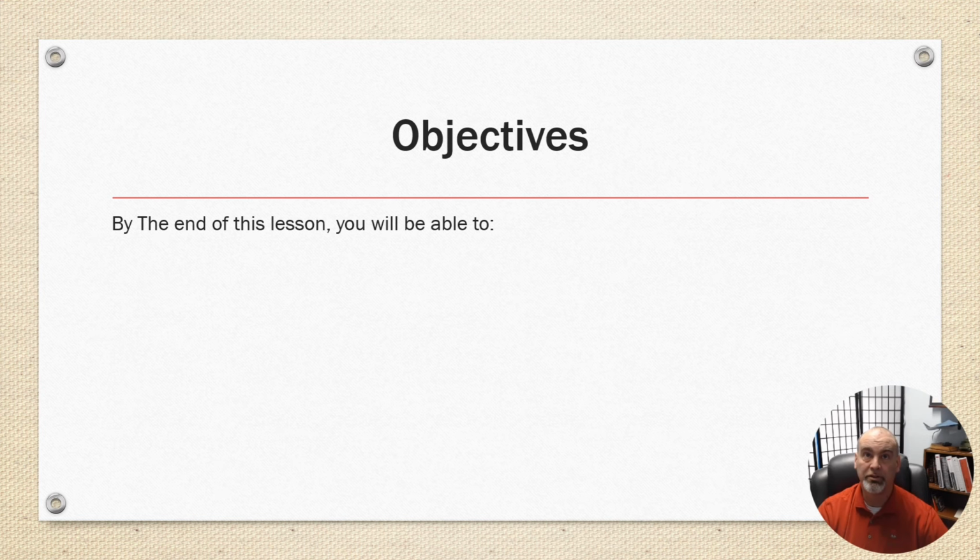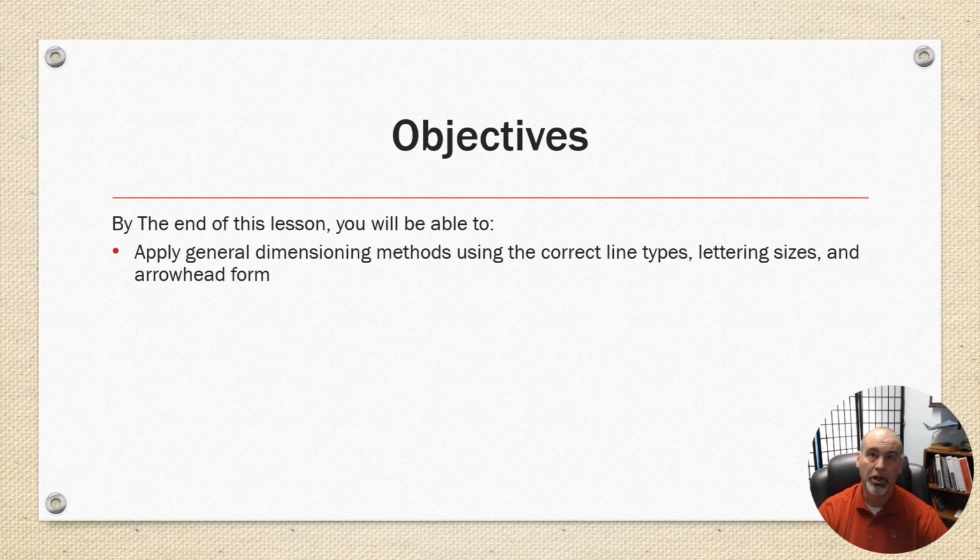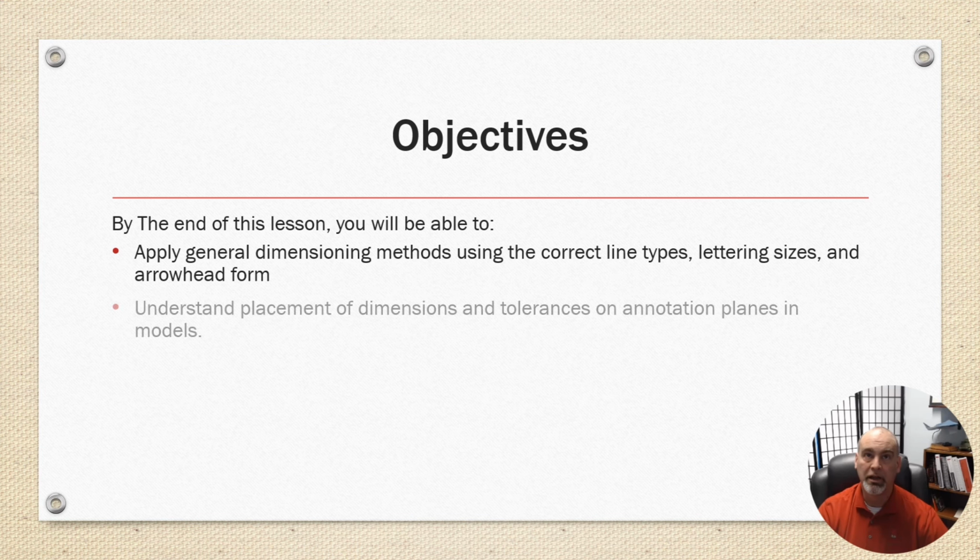Objectives. The objectives of this course. By the end of this lesson, you will be able to apply general dimensioning methods using the correct line types, letter sizes, and arrowhead forms. Understand the placement of dimensions and tolerances on annotation planes and models.